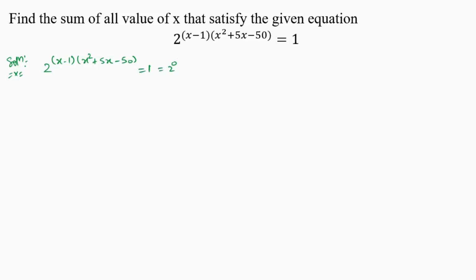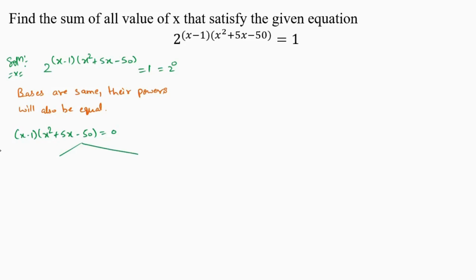So since bases are same, their power will also be equal. Therefore, we get (x minus 1) times (x squared plus 5x minus 50) equals 0.